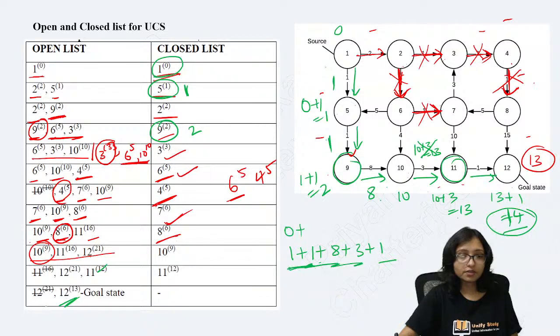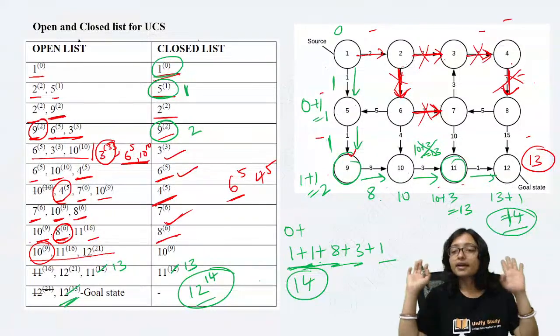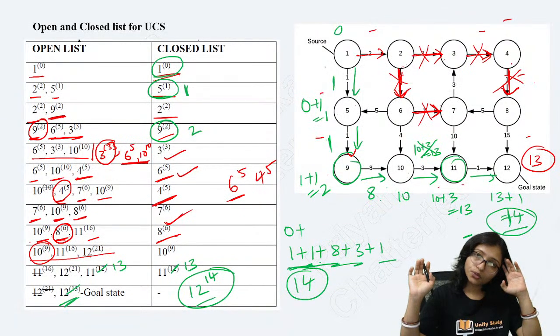It is not 12. It will be 13. This will be also 13. And this will be 14. Final answer is 14. Is that clear? Yes, I took the minimum only.